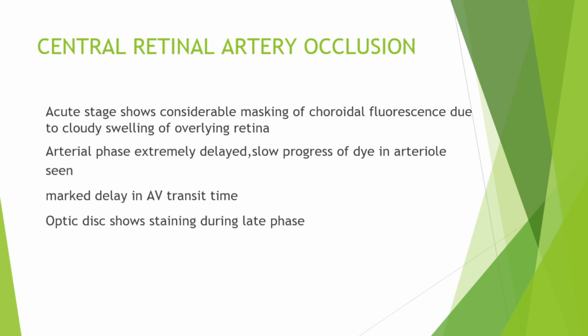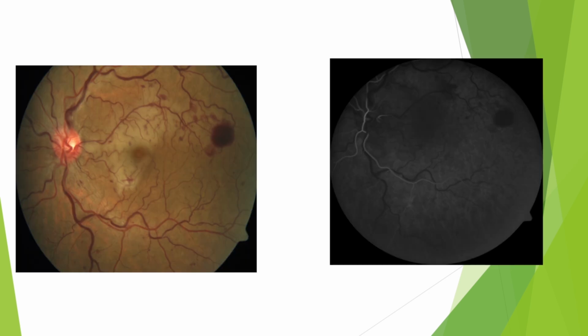There is a marked delay in the AV transit time, and the optic disc shows staining during the late phase. So this is a fundus photo showing a hyperemic disc with tortuous vessels and areas of widening, and multiple hemorrhages can also be seen in this photo.